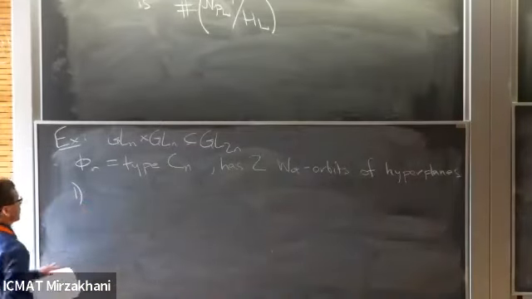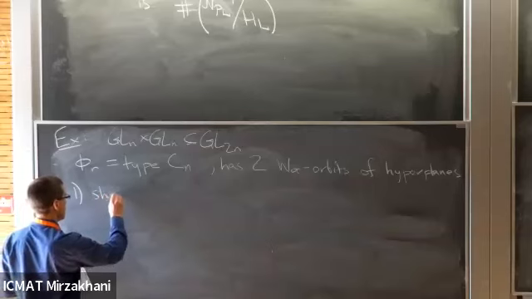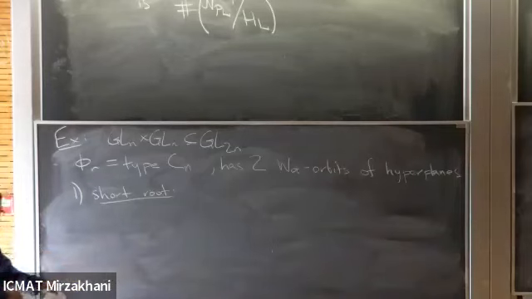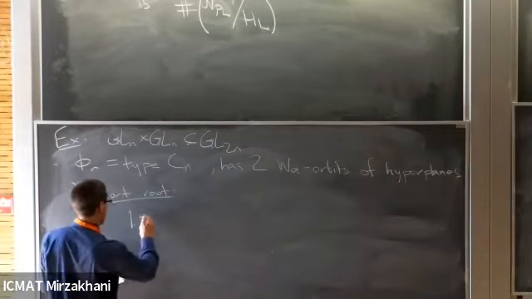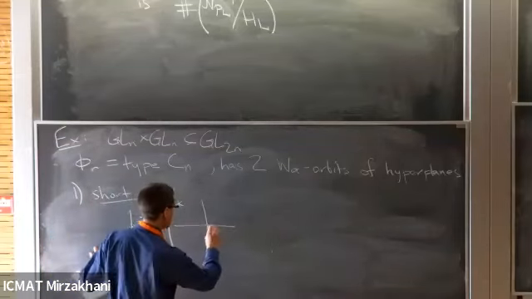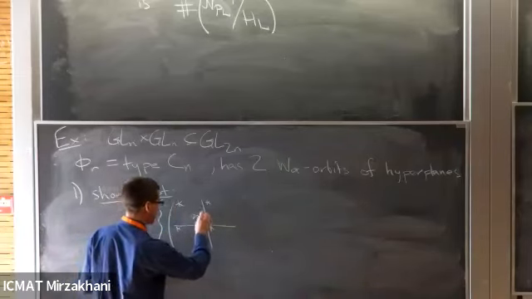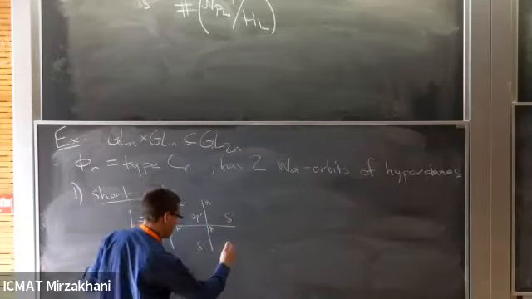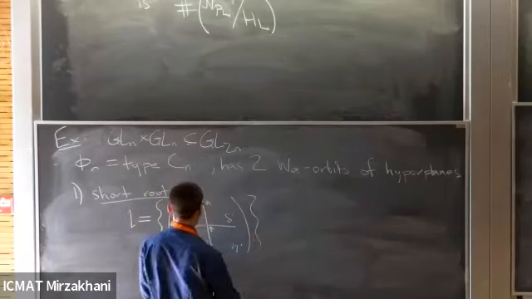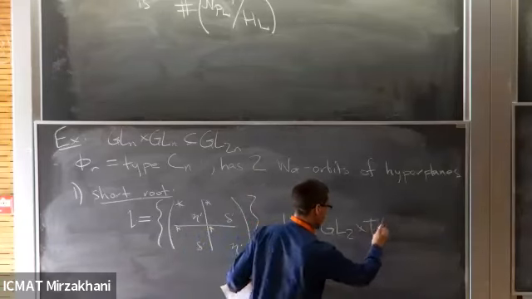And so what are these two orbits? I get one type associated to the short root. If I look at the WA orbit of hyperplanes corresponding to the short root, I get the Lie algebra looking like something like this, up to conjugacy, where these are unknowns, and then I have some torus part. So this is a non-standard torus. And in particular, I get my Levi isomorphic to GL2 cross a torus.